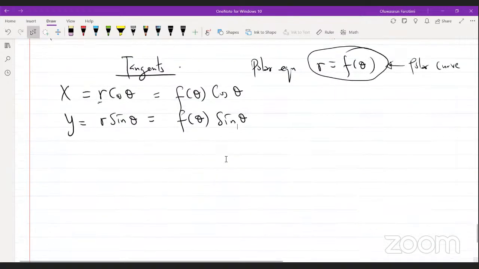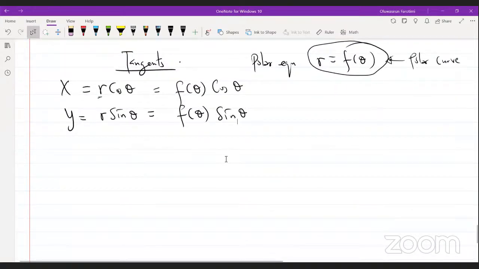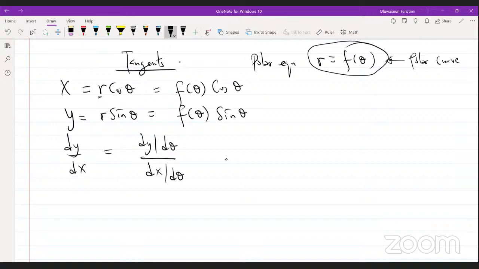Now, when we studied tangent in 10.2, guys, remember we went on from the idea of dy dx, right? And dy dx was dy d theta divided by dx d theta. In 10.2, we used variable t, but right now we're using theta. These are just variables.